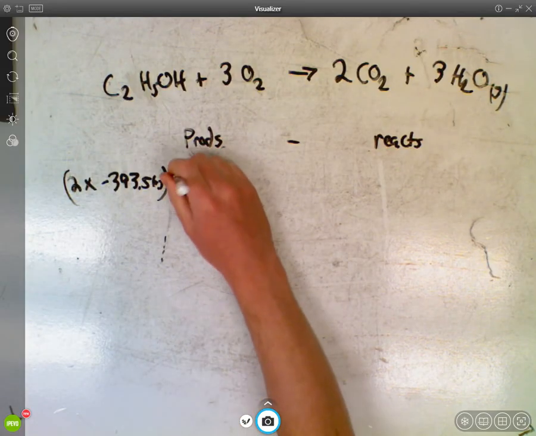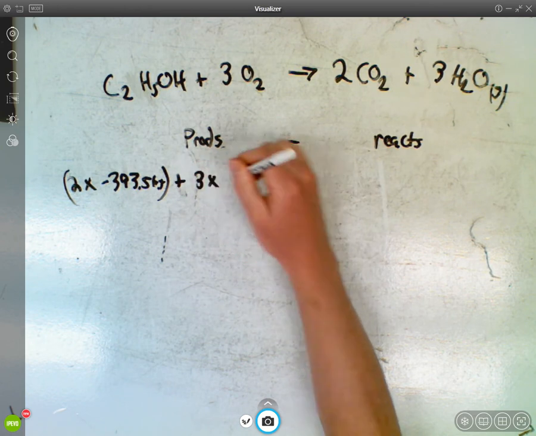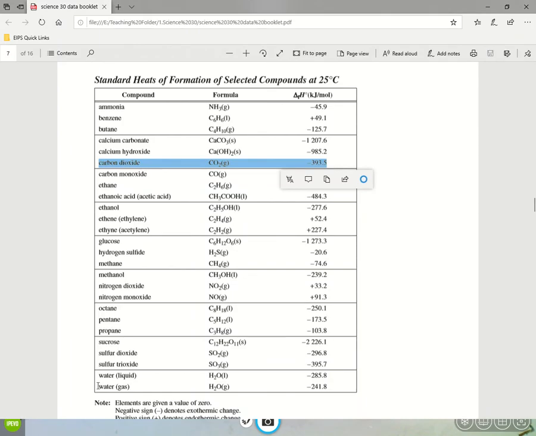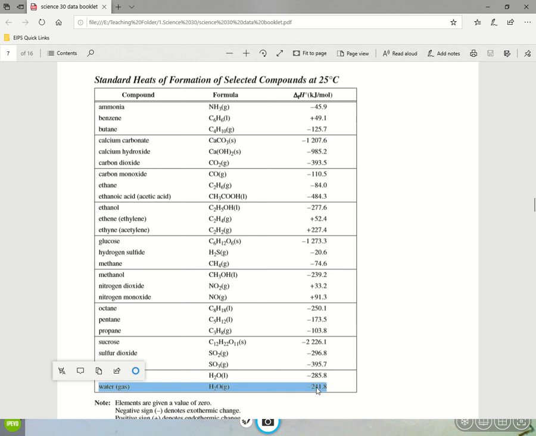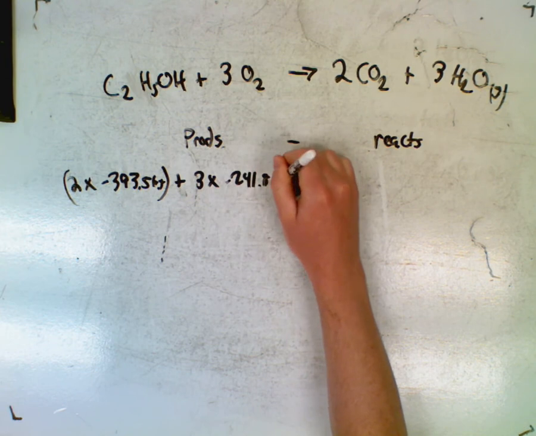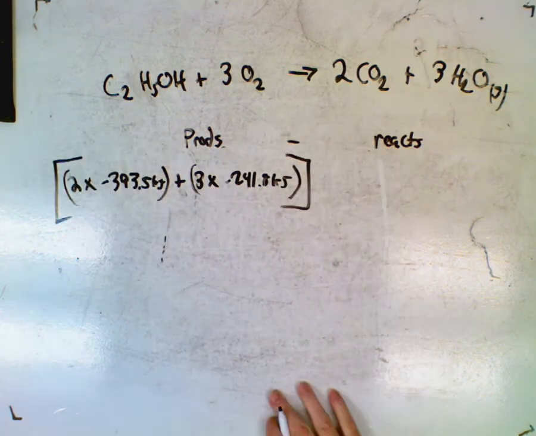And then I'm going to add it to my other product, which is H2O gas again. So I'll go 3 times, and I'll look up that value for H2O gas. So that's on the bottom. Water gas is negative 241.8. Put brackets around that, and then put a big bracket around all of your products.